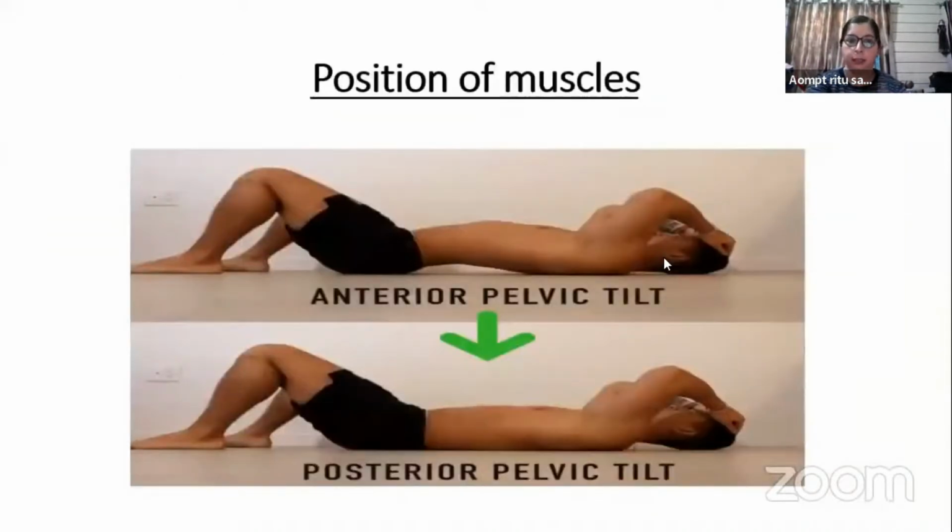You can see here the anterior pelvic tilt and the posterior pelvic tilt. The core muscles are also taking part, so if we correct one part, it automatically corrects the other.